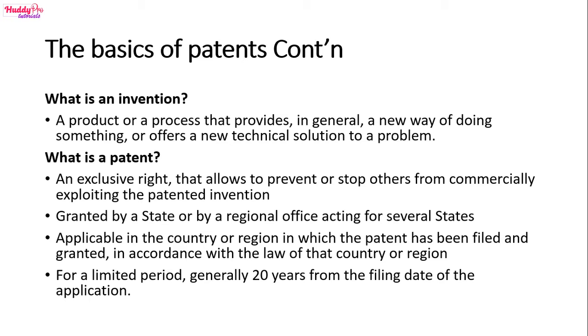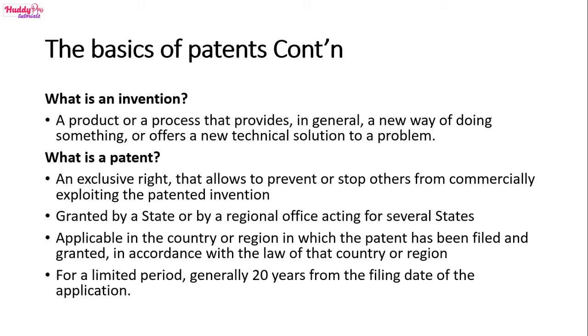This right allows you to prevent other people from exploiting your patented invention. So if you come up with something new, you ensure that you patent it so that other people cannot just copy your idea and use it to commercially exploit you.